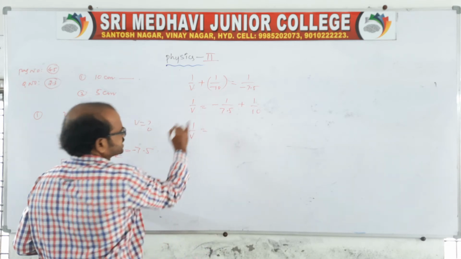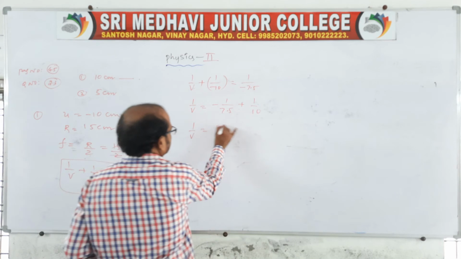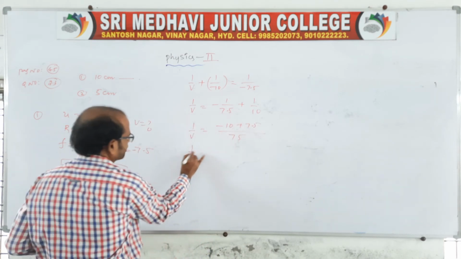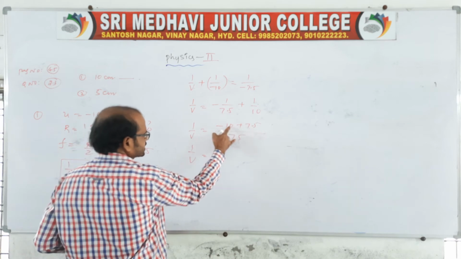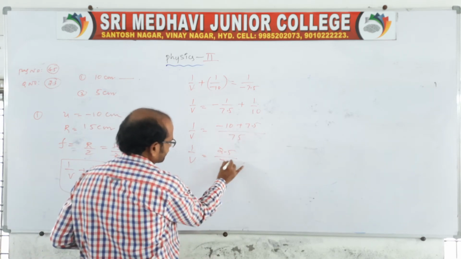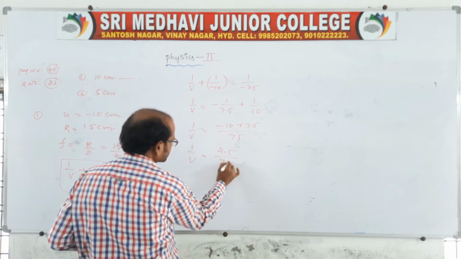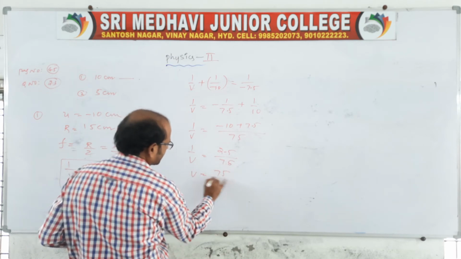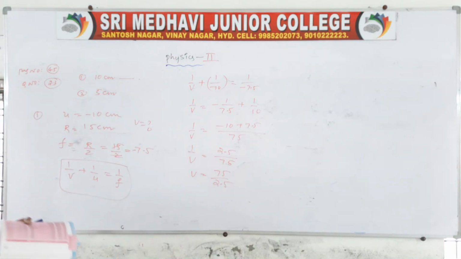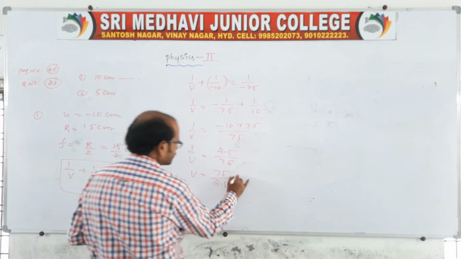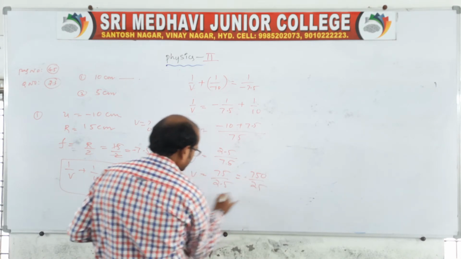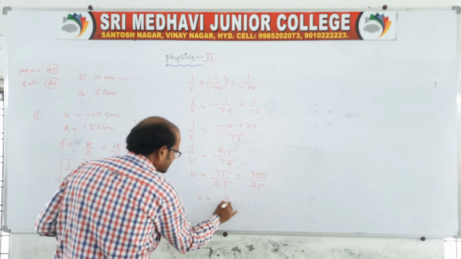So 1 by v is equal to, very simple, minus 10 plus 7.5 by 75, that is minus 2.5 by 75. So v is equal to 75 by 2.5, that is 750 by 25, which is approximately 30.